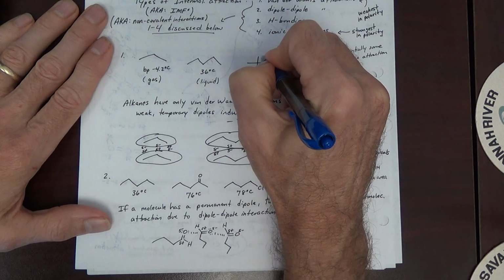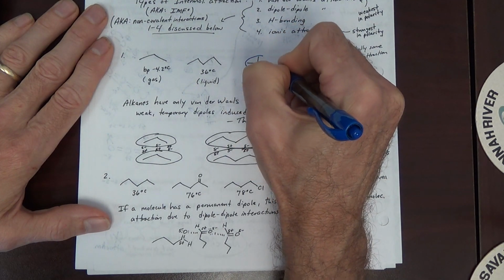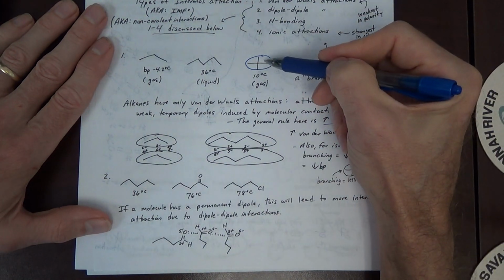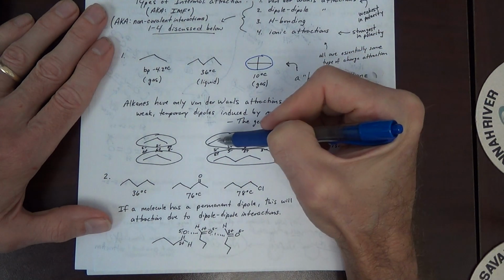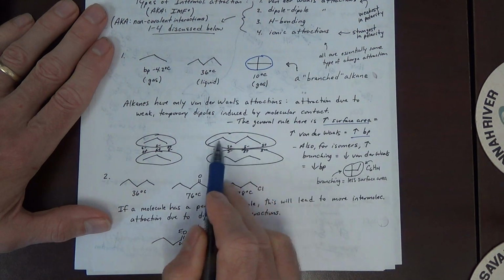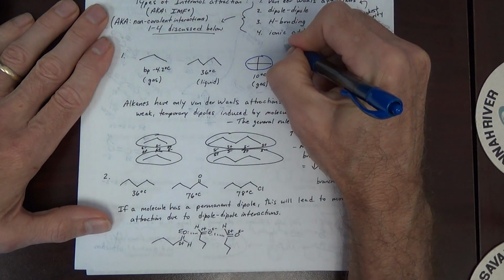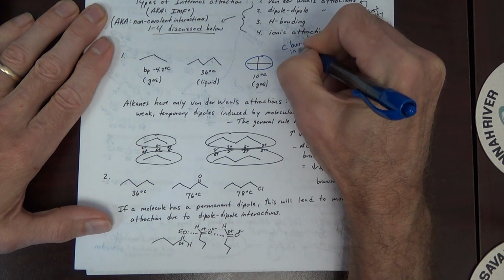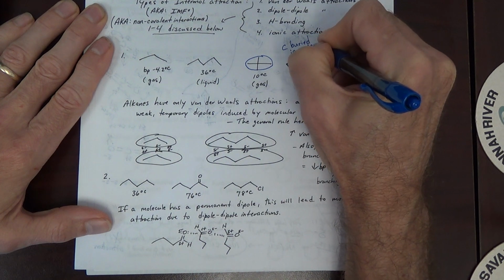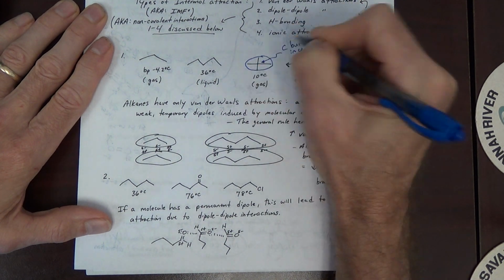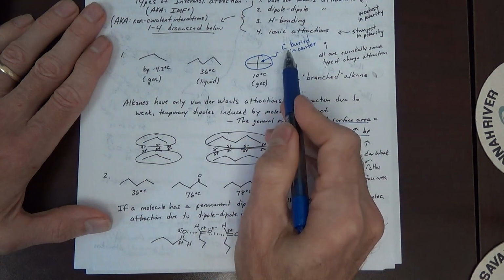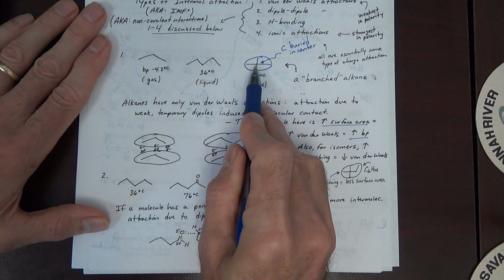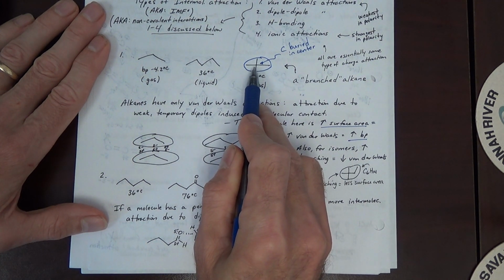And the answer is yes, because if we look at the surface area, the surface area is not as great as with the straight chain hydrocarbon. See, this one, because of the branching, we've got this carbon sort of hidden in the middle, and it can't contribute as much to the surface area.